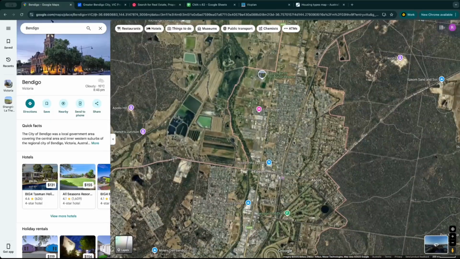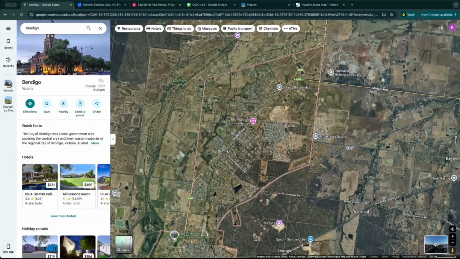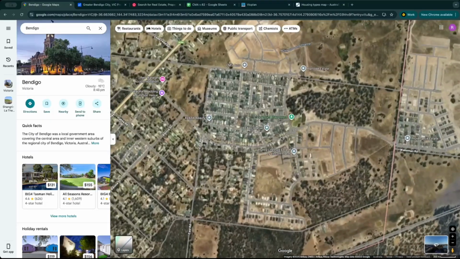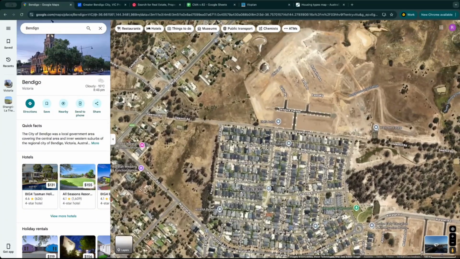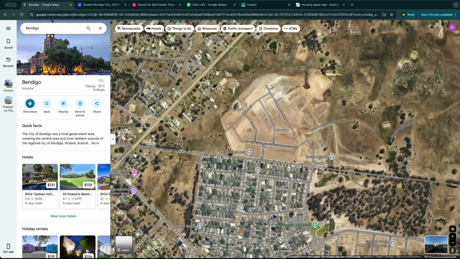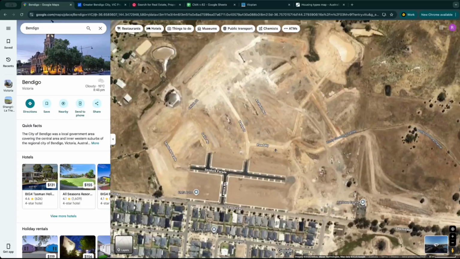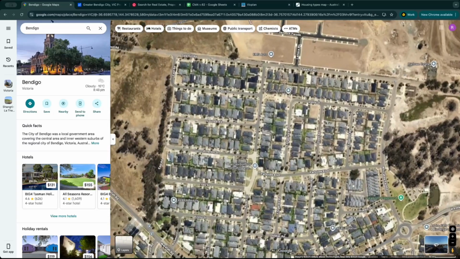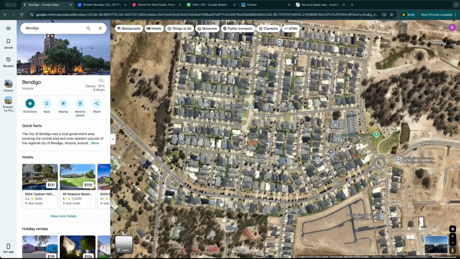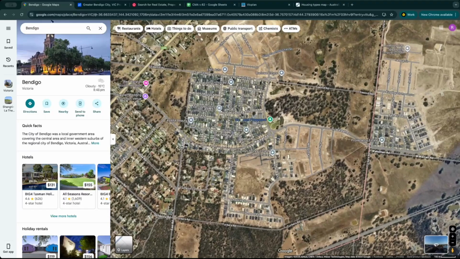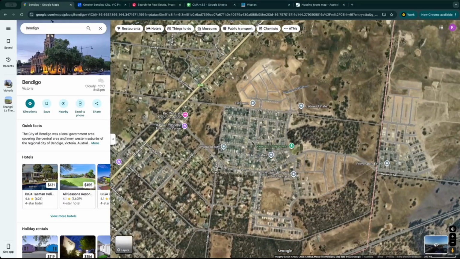I definitely can't say the same for Huntly though. So Huntly up here is going through some very, very significant residential land subdivision development. So you can even see here that roads are already being built, or additional roads are being built. These are the types of properties that are going to pop up. And not to say that these properties are bad or anything. I'm simply concerned about this location from a supply perspective.